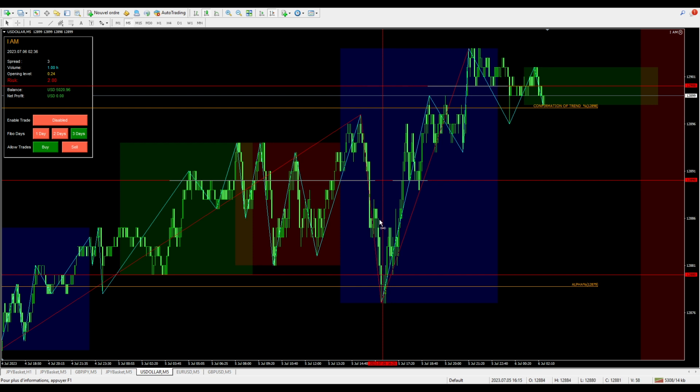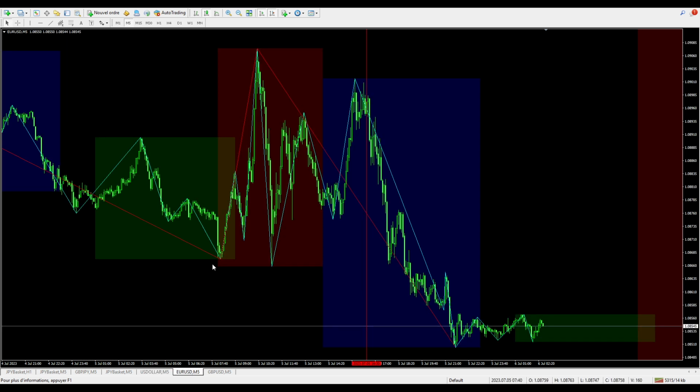So at 16.25, I was expecting the dollar to go up. So I was expecting Euro USD to go down. Look, at the same time, 16.25, it was possible to take a trade.